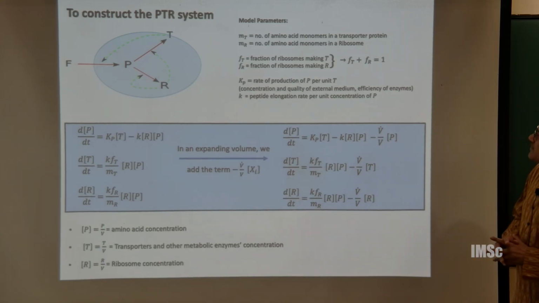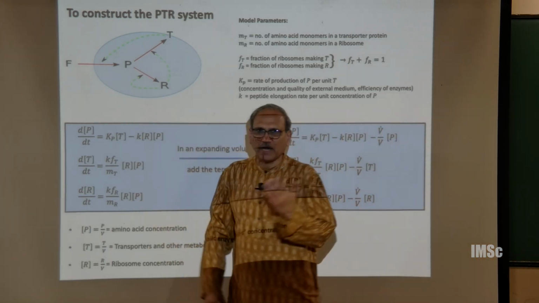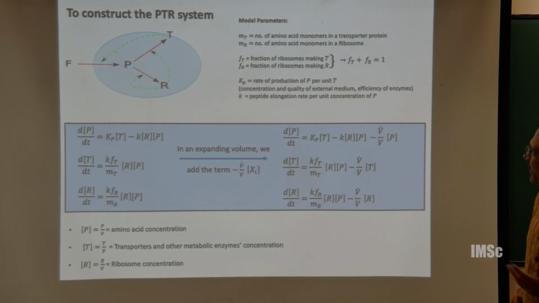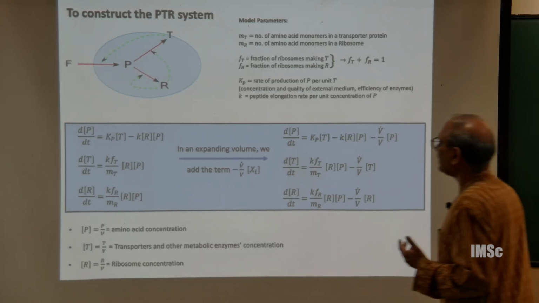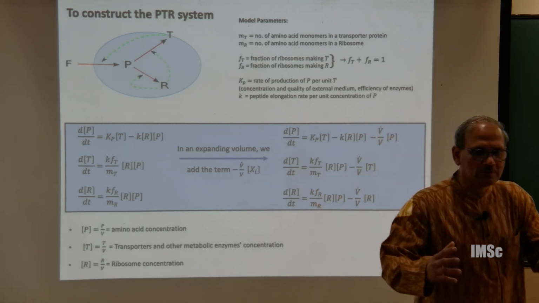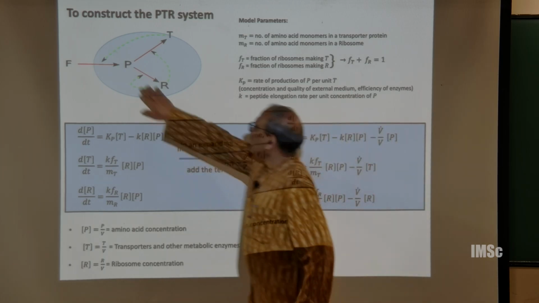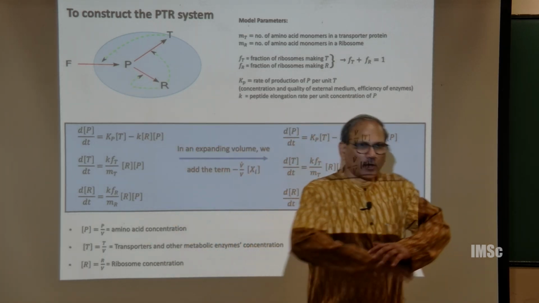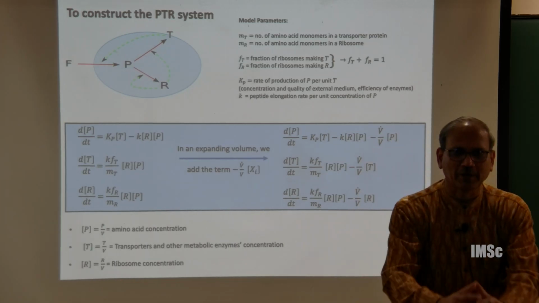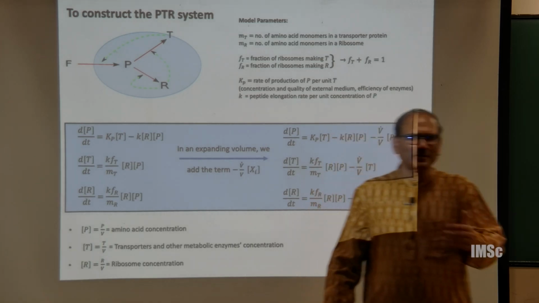So this is a model in which there are three time-dependent variables, P, T, and R. And these stand for the populations of three molecular pools in the cell. P stands for the population of all amino acids, all the 20 different kinds of amino acid lumped together, let's say. In fact, it stands for other metabolites also.